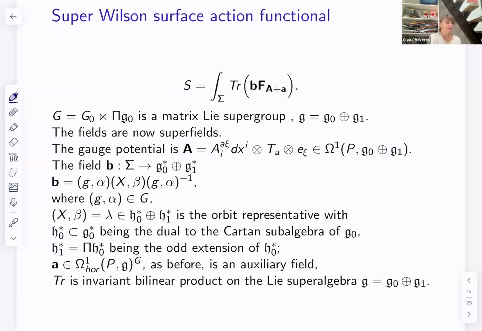Now, the super Wilson surface action functional will look exactly the same as before, but now the fields are superfields.